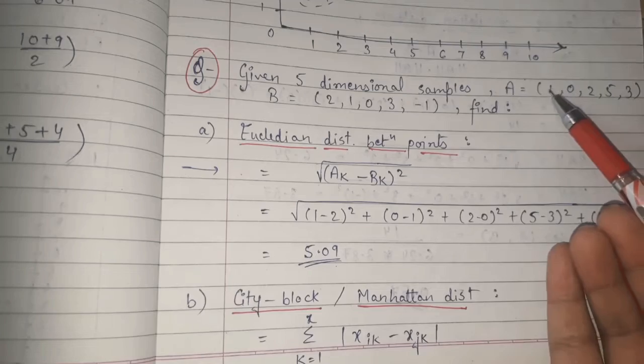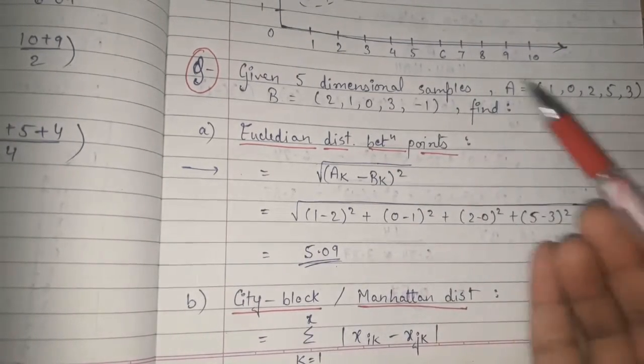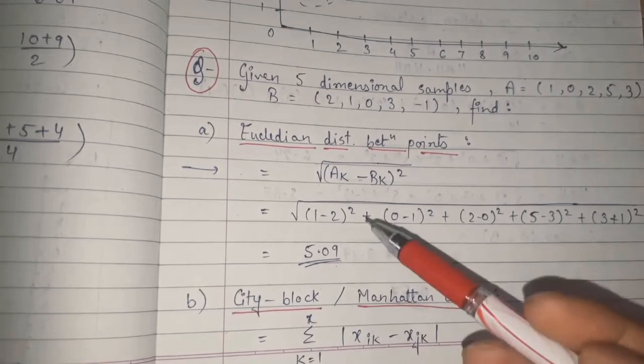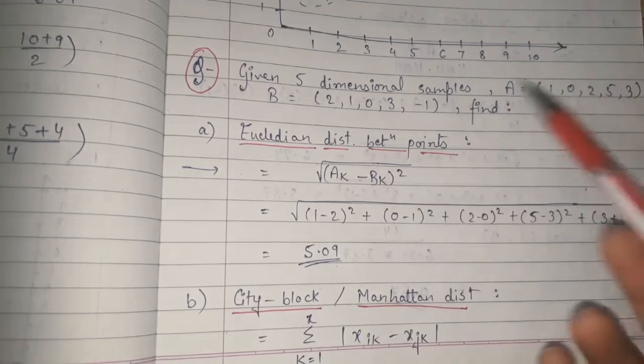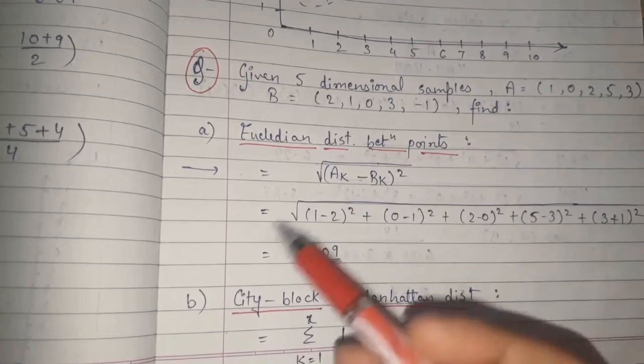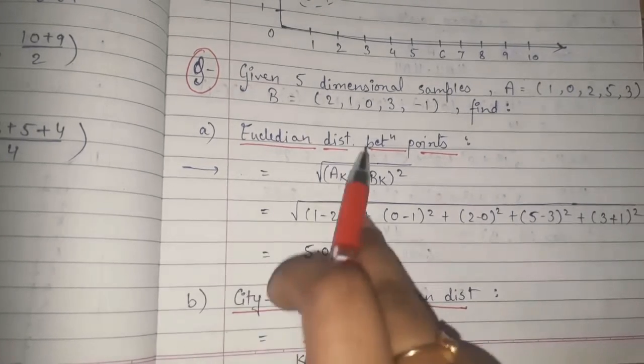Square root of (1 minus 2) whole square plus (0 minus 1) whole square plus (2 minus 0) whole square, like that. So simply the square root of the summation of the squares of the differences of all the respective points of A and B. After solving this out, we will get 5.09. So 5.09 is my Euclidean distance.